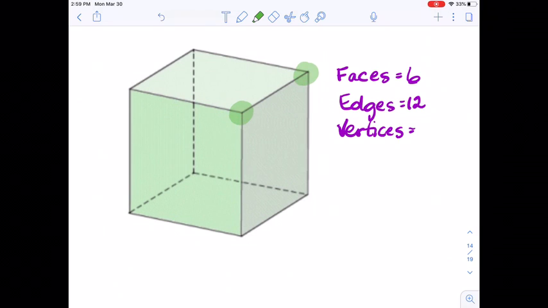Here's 1, 2, 3, 4, 5. Don't forget this back corner. 6, 7, 8 vertices. That's a lot. So we found on a cube there are 6 faces, 12 edges, and 8 vertices.